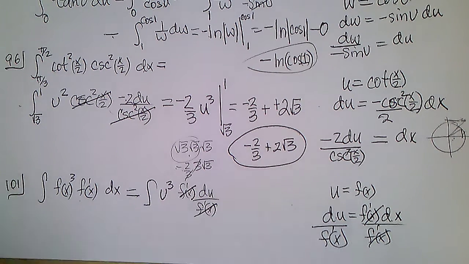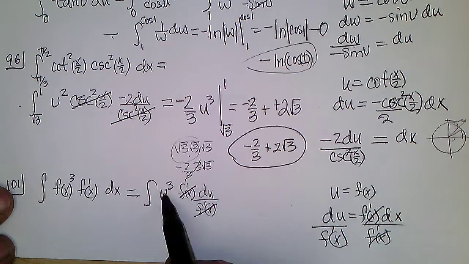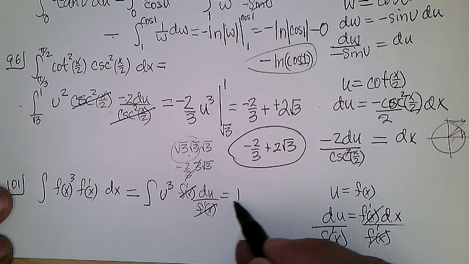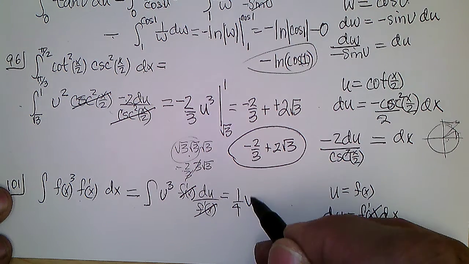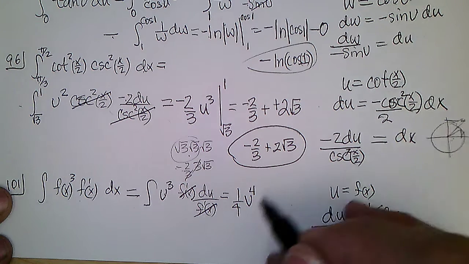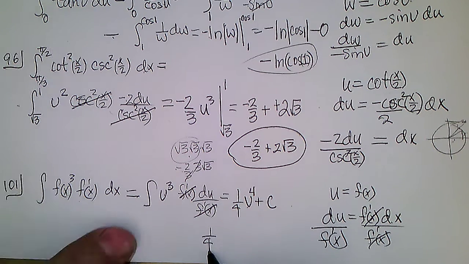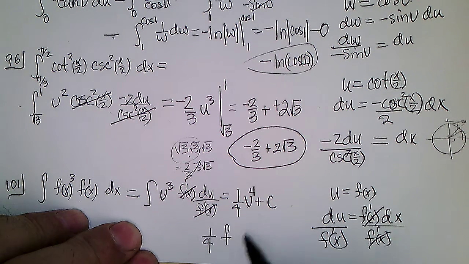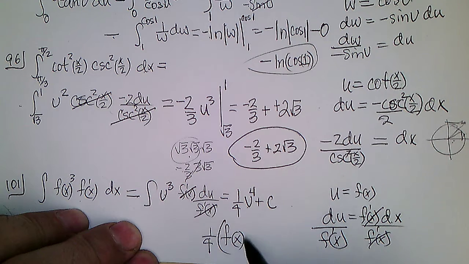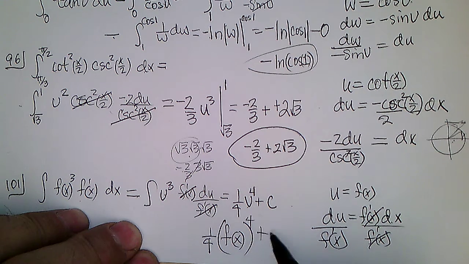The f primes cancel. The integral of u to the third is 1/4 u to the fourth plus c. And u was f of x, so this is 1/4 f of x to the fourth plus c.